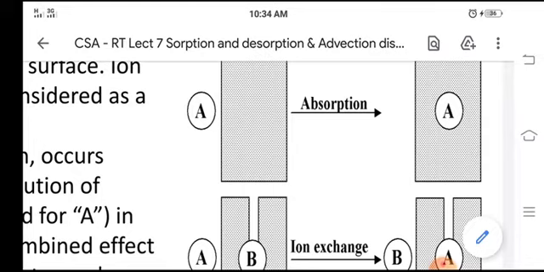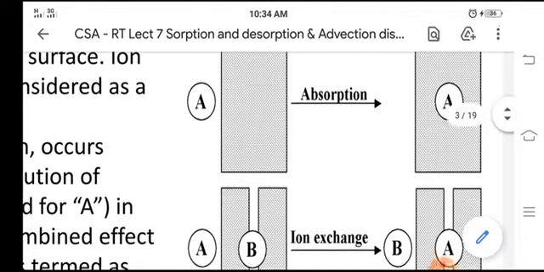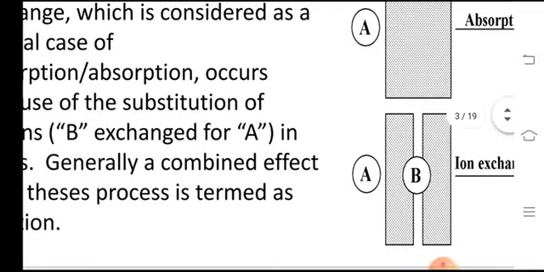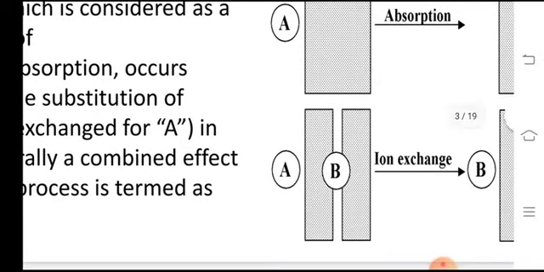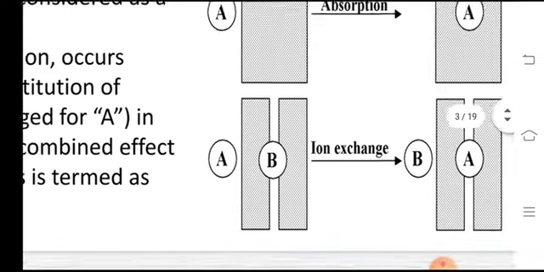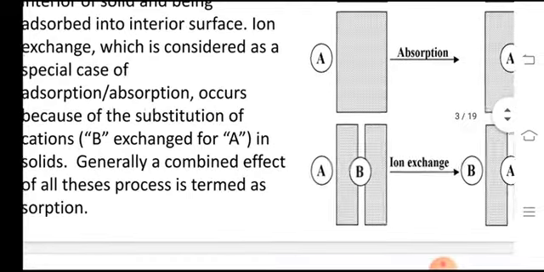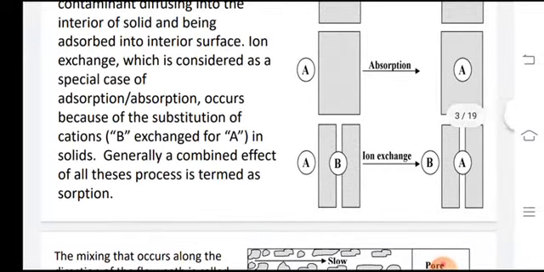So it has become a part of that solid phase. While in the case of ion exchange, normally we have a shift between the ions. So ions will be partitioned, separated, and they will move to the respective electrodes. This is the mechanism for ion exchange, quite familiar.